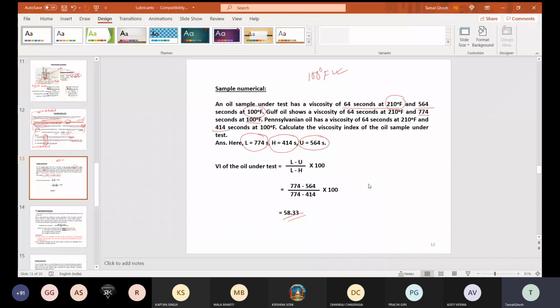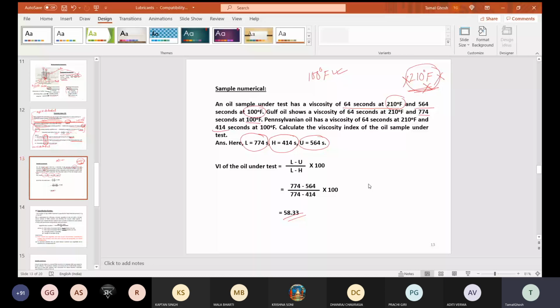You remember, you don't have to use this data for the numerical. This data is a kind of calibration, to confirm whether the experiment was carried out properly or not. That can be ascertained by seeing the 210 degree Fahrenheit data.